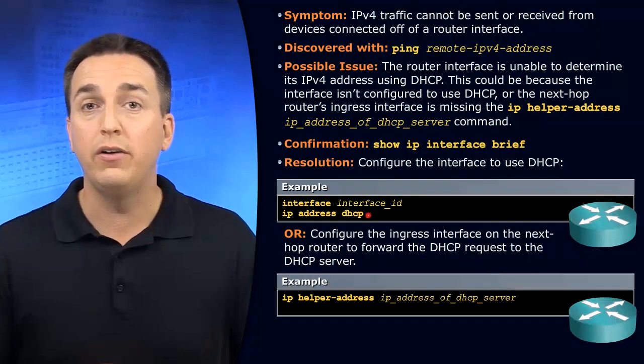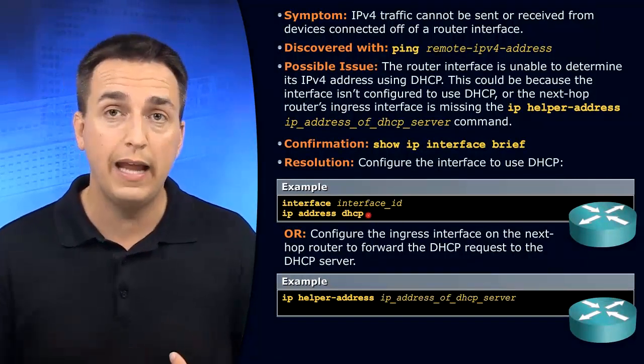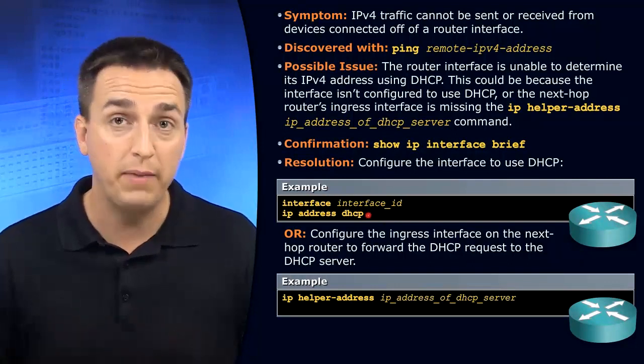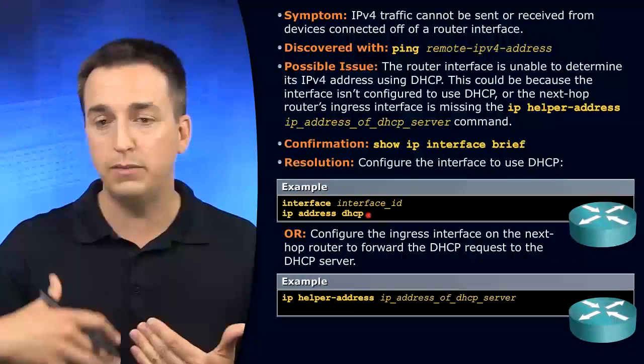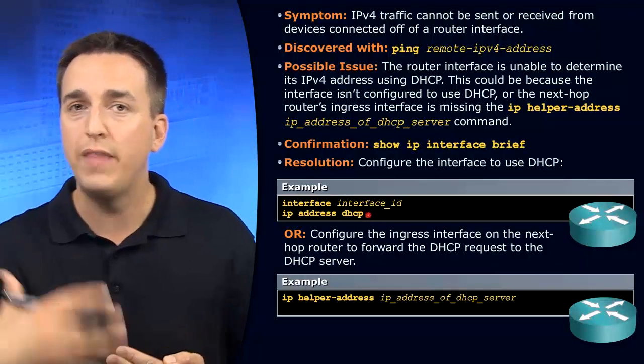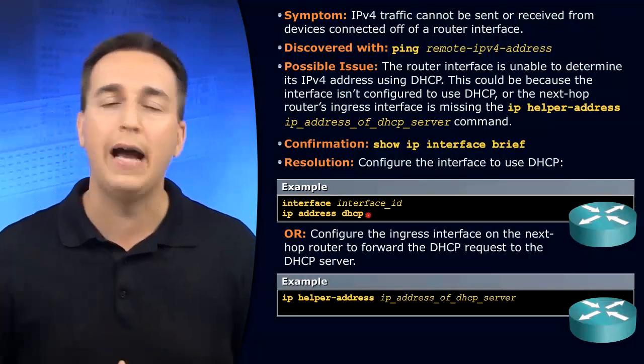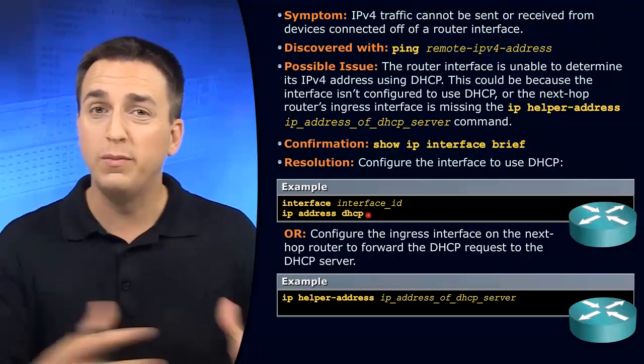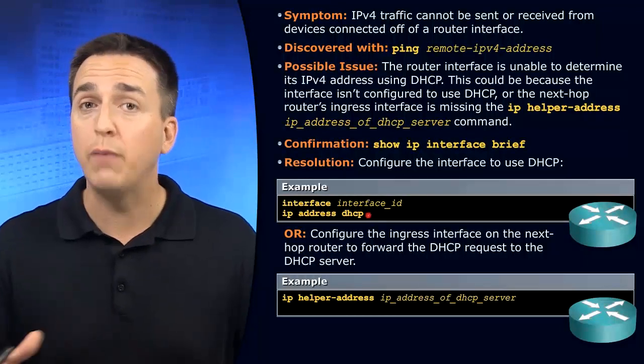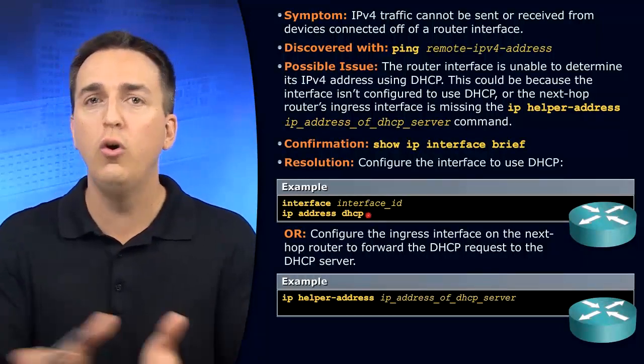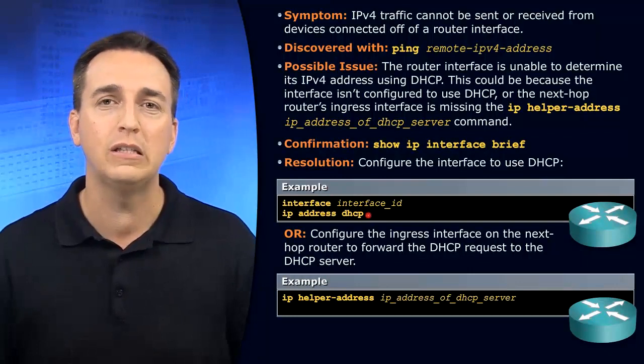It's going to have to hand out a default gateway. If the default gateway is not handed out, then clients won't be able to leave their subnet. So that default gateway address has to be a correct address within that network, that pool we're handing out addresses for. We'll have to throw in some DNS addresses in there as well for name resolution purposes so the clients know who to contact for name resolution.